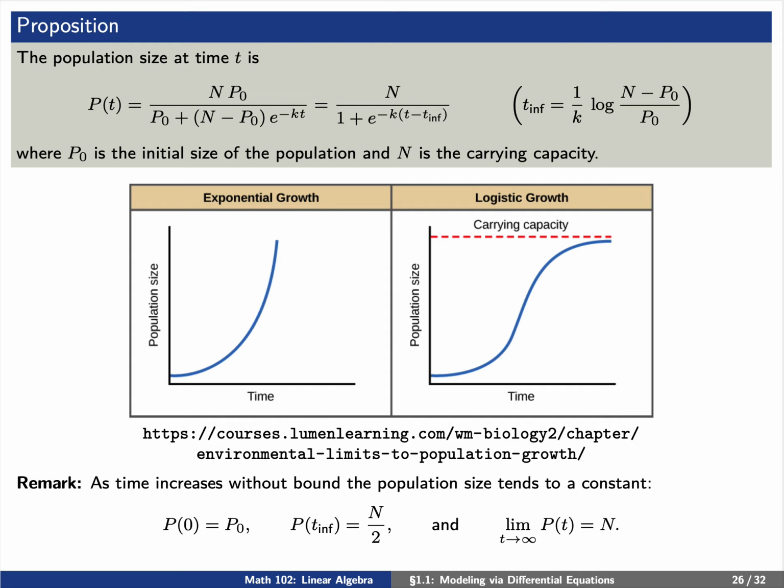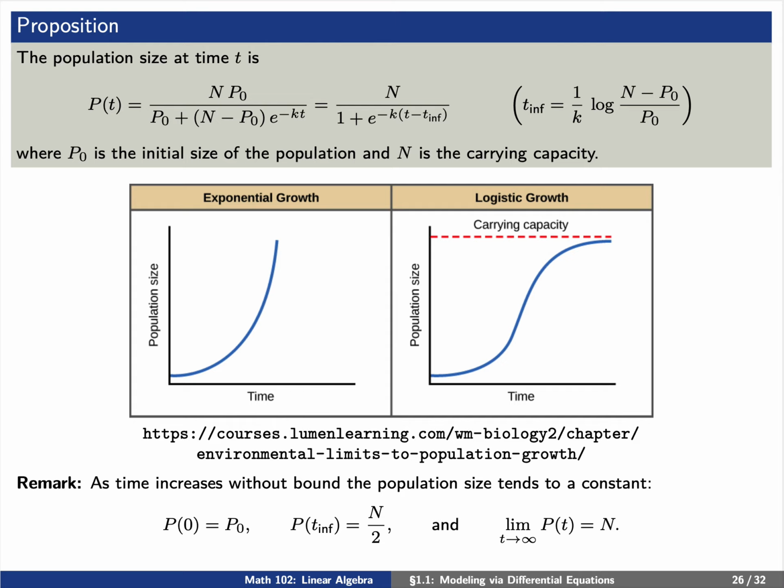Sometimes it'll be useful to consider what we call the inflection point. Here I've written this on the screen as T_inf. This tells us roughly the time at which we are halfway to our carrying capacity. By looking at the graph of the logistic growth, you can see that this graph consists of a concave up graph as well as a concave down graph.